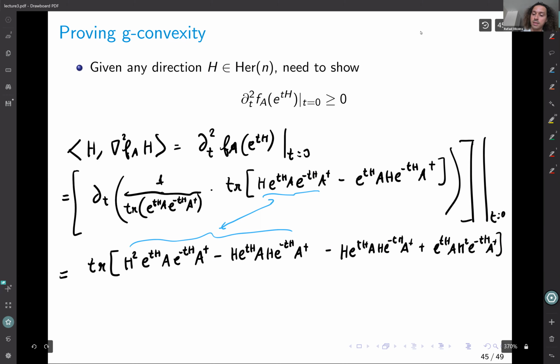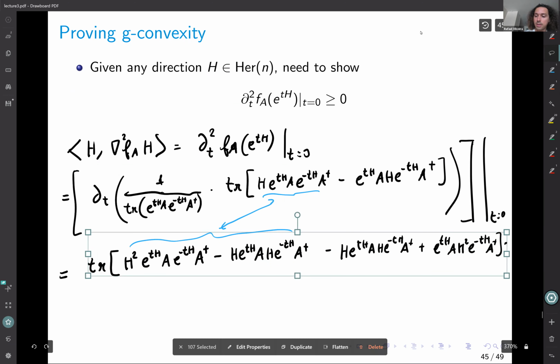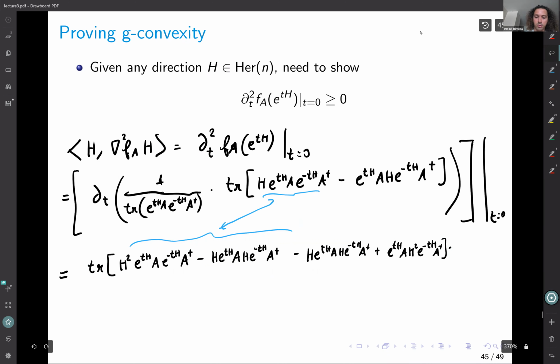And all of this is multiplied by the derivative of the first guy. So let's put it here. This expression is getting too big. Let me see if I can decrease it so that we can multiply properly. Okay, there we go. So we did our computation.